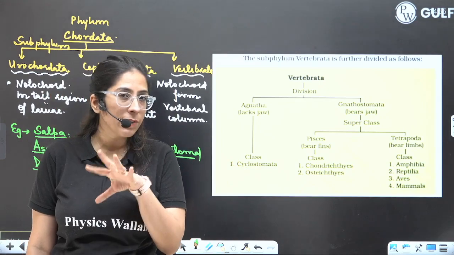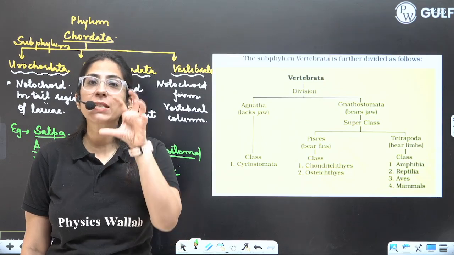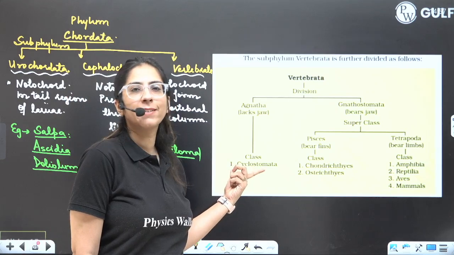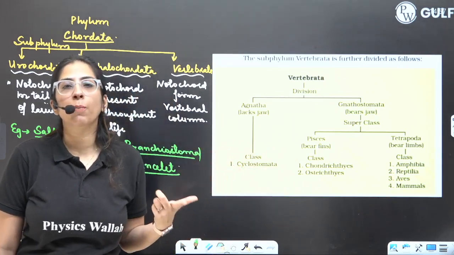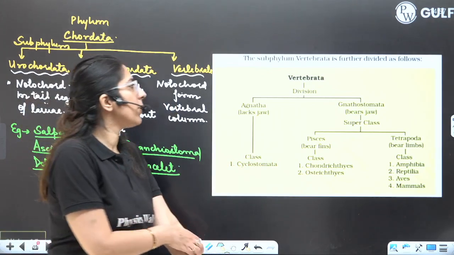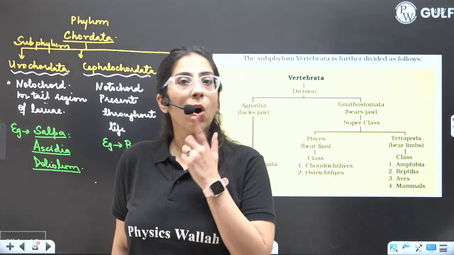And just imagine if they do not have jaws, how will their mouth look? Circular. So they have a circular suctorial mouth. Example is class Cyclostomata. Are you getting this point? Now next is Gnathostomata, where jaws are there.